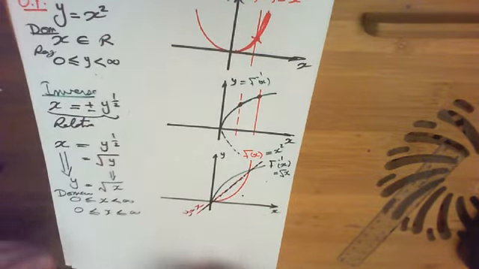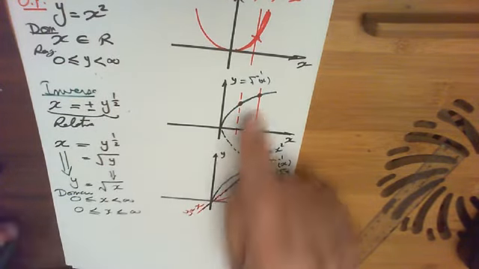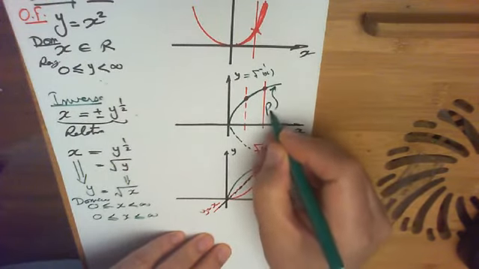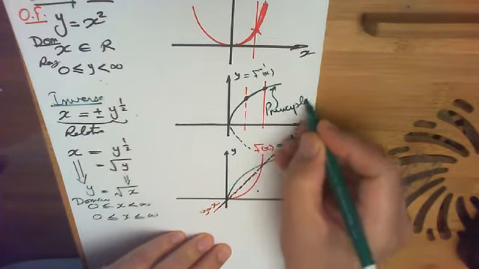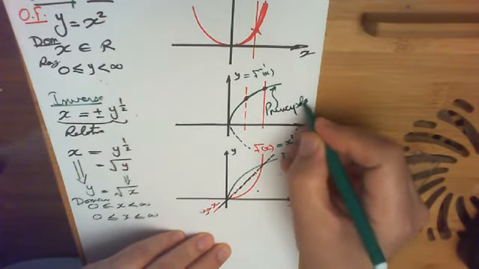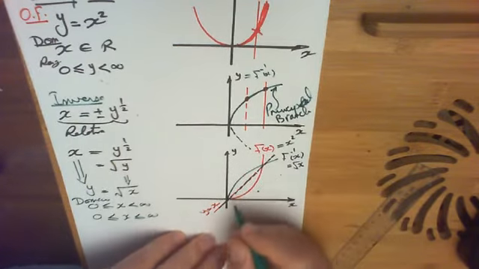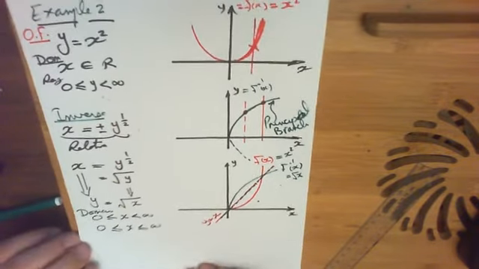In this example, we have already chosen y equals the positive root of x as the principal branch. This is called the principal branch. This is very, very important in studying the function and its inverse.